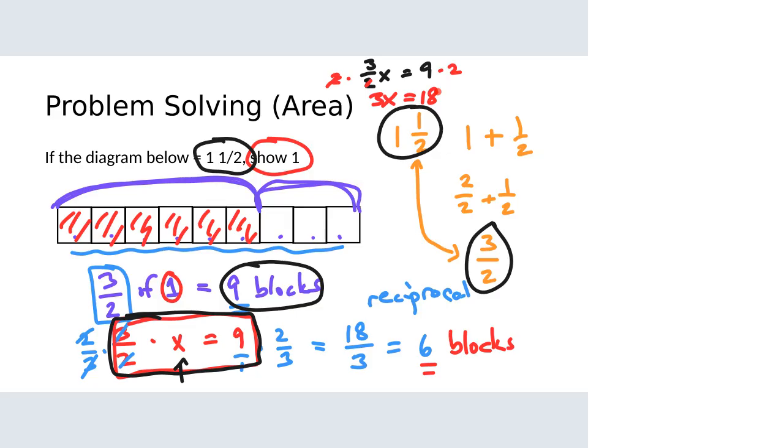And then I can divide both sides by 3 and wind up with x equals 6. You might like that better than this reciprocal stuff. Laura's way might appeal to you. It's perfectly fine to do it that way. Nothing wrong with that at all. But basically, we found out that it takes 6 blocks to be 1. Let me know if you have any questions on that. I do think it's a little bit challenging.